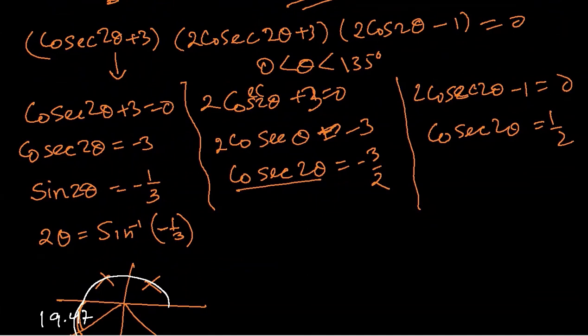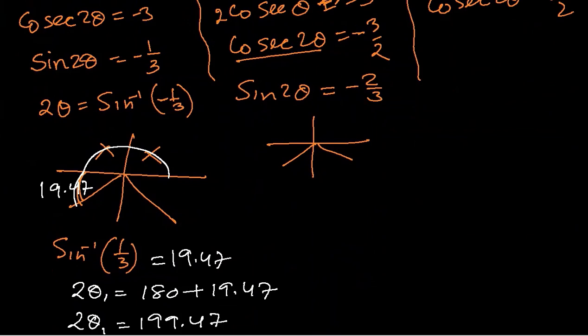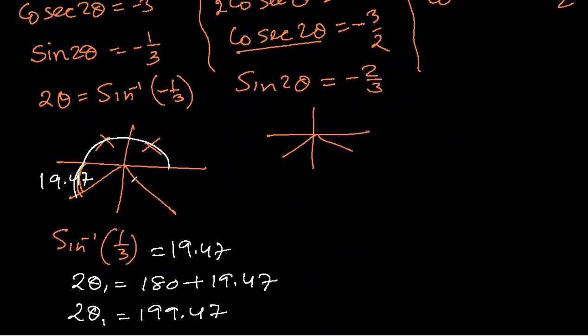Let's move on to the second option. The second option was cosecant 2 theta equal to minus 3 over 2. So sine 2 theta is the reciprocal of cosecant 2 theta, equal to minus 2 over 3. You have to reciprocate this also. And in the same way, because it's negative, we'll get an answer here and here. I did not take the fourth because they said less than 135.